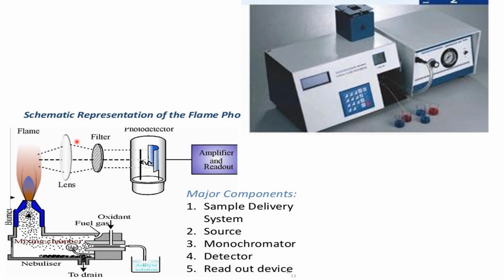These wavelengths will fall upon the lens, and it will be measured by the photodetector, and it will be amplified, and it will be displayed on the digital display. So the major components of a digital flame photometer are a sample delivery system, a source, a monochromator, a detector, and a readout device. The last three are exactly like the colorimeter.